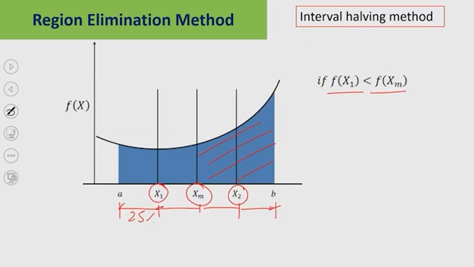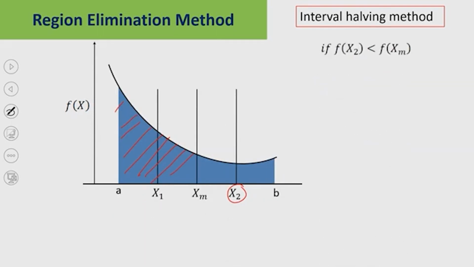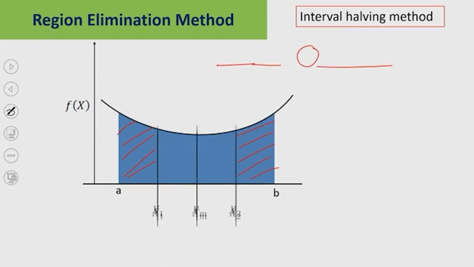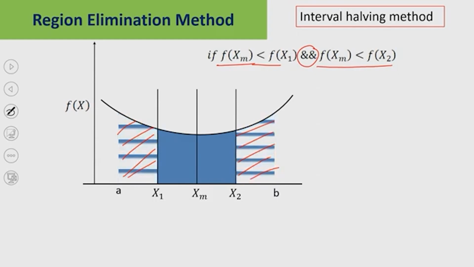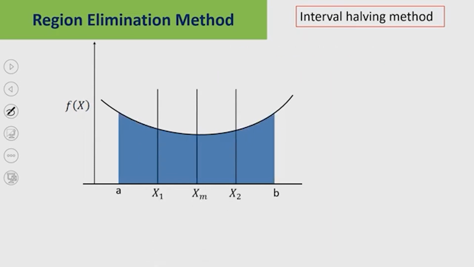The first is f of x1 less than f of xm, then you eliminate 50% of the region. If f of x2 is less than f of xm, you eliminate this 50%. And if f of xm is less than f of x1 and also less than f of x2, then you can eliminate this 50% of the area. So, out of these 3, one condition will be true and you can eliminate 50% of the area. So, now what is the method?